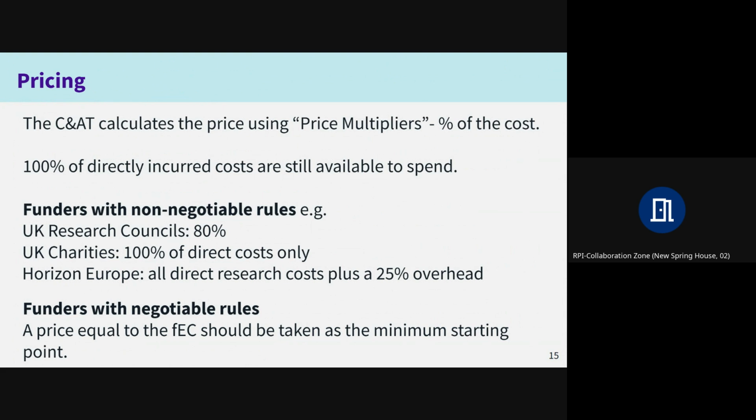So it's not like you can only spend 80% of the cost, it's still you spend what you spend. It's just that we don't recover it all. And there's a whole other thing that I could have gone into about QR funding, because we get an element of money back as a result of not recovering all of our funding. But that is complicated, and I thought there's not enough time for that.